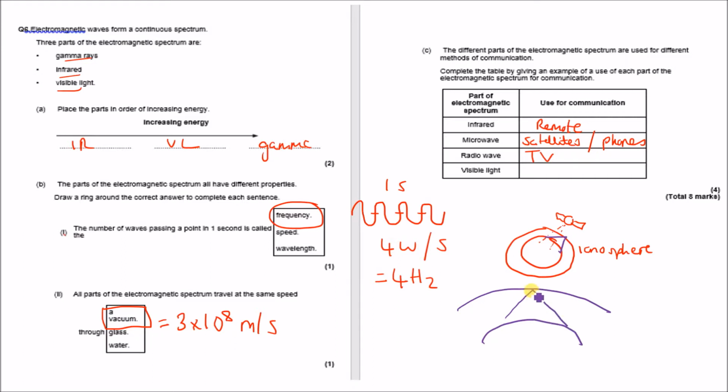And how does it reflect? Well, it uses the law of reflection, where the angle of incidence is always equal to the angle of reflection. So when you're reflecting radio waves, you can reflect them off the ionosphere, and the ionosphere is the charged part of the atmosphere.